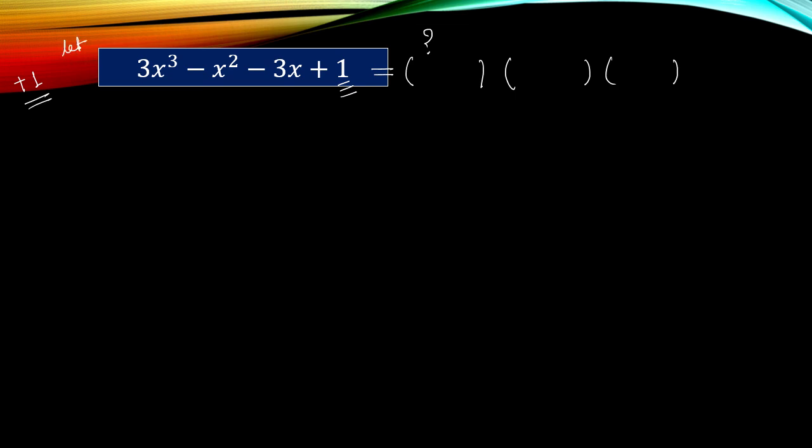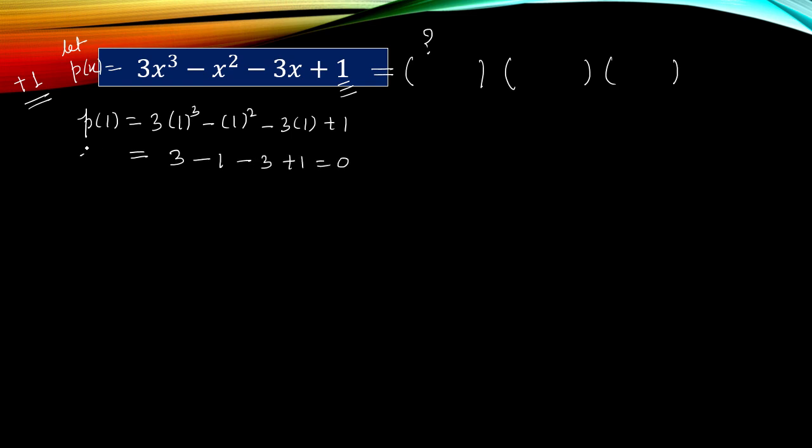Before that we will consider the polynomial as a polynomial in x. Now we are putting this 1 here in the polynomial. We are getting here 3 into 1 cube minus 1 square minus 3 into 1 plus 1. Ultimately we are getting 3, minus 1, minus 3, plus 1, and we are getting the result 0.